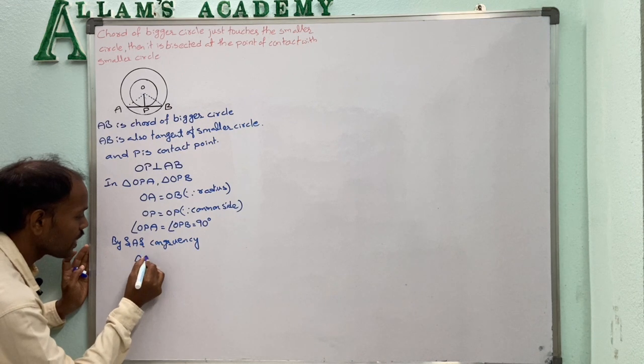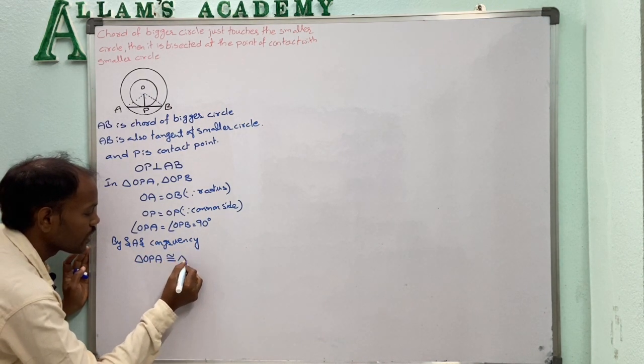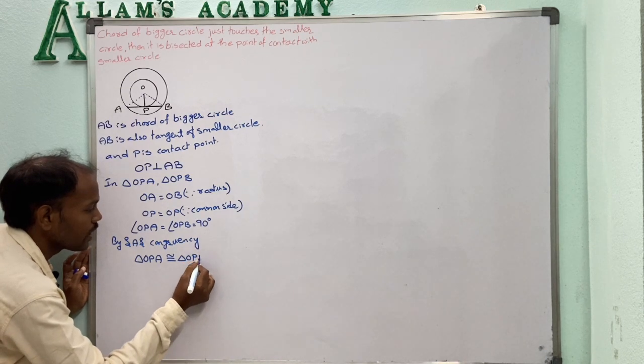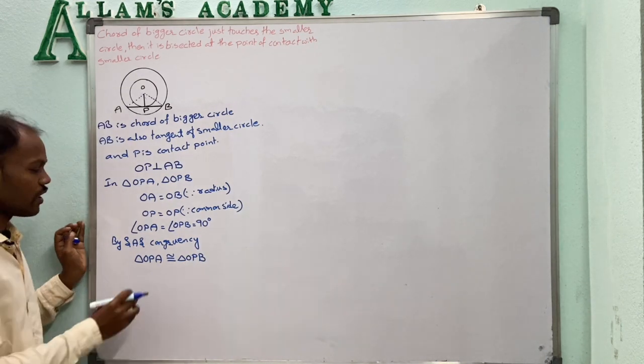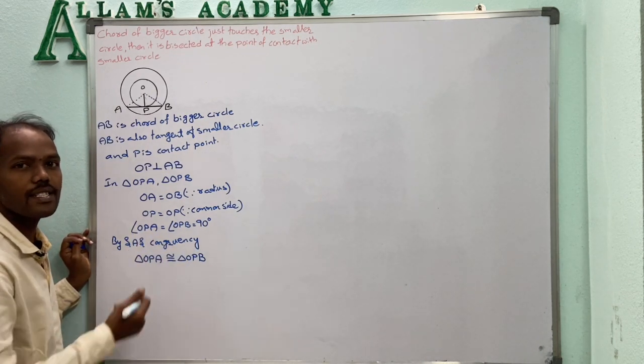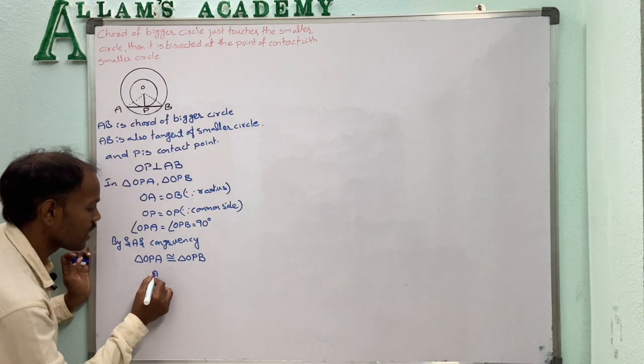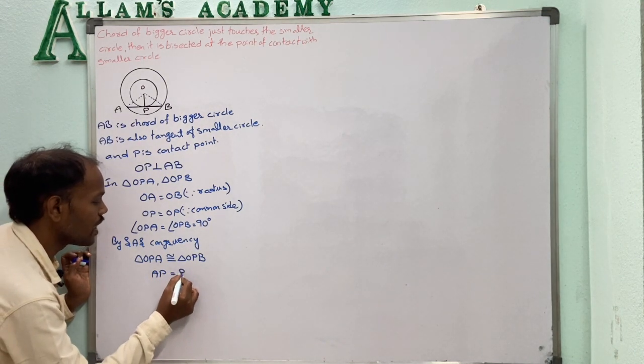Triangle OPA is congruent to triangle OPB. So these two triangles are congruent, so their corresponding sides are equal. So AP length is equal to PB length.